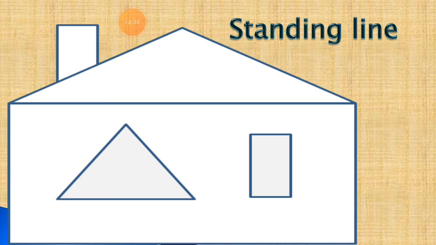What do we have to find out? I repeat the question again so you understand it very well. As per the question, from this given picture, we have to find out all the standing lines.